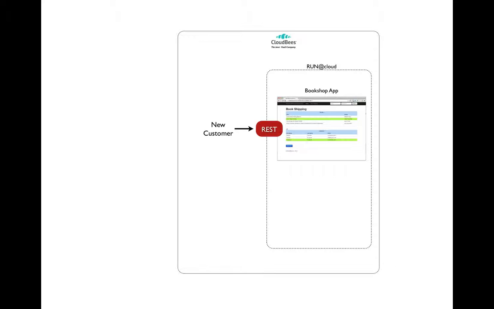It just provides an interface through which it can be notified. Likewise, it also provides an interface through which it publishes goods shipped events. So when the operator ships a book, that event is notified to the other systems around it.